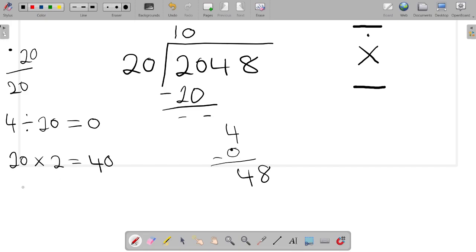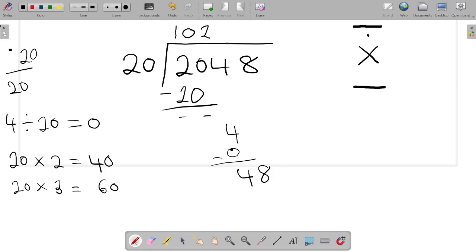Let me try another number. 20 times 3 you will get 60, which is higher than the number we have to divide. So you pick 2. 20 times 2 is 40, which is within the range. It means 20 can fit into 48 two times. So you write a 2 on the bracket like this.